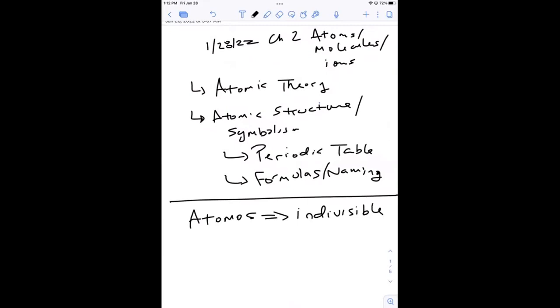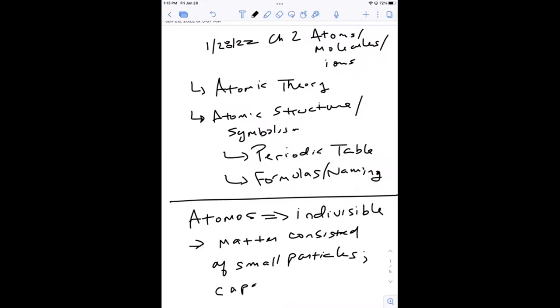So the Greek hypothesis, because it's all hypothetical, they had no way to study this, was that all matter consisted of small particles, and those particles were capable of joining together.